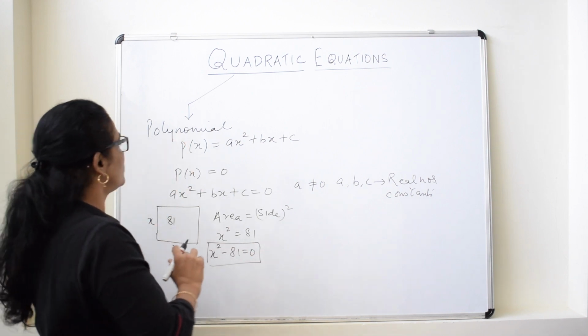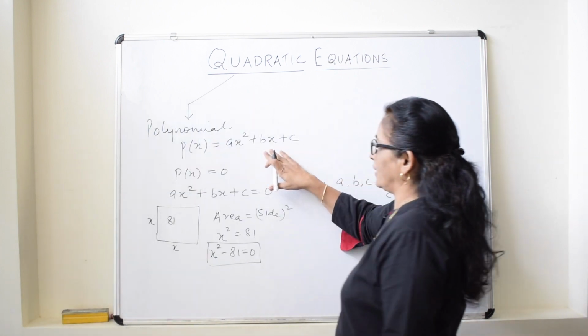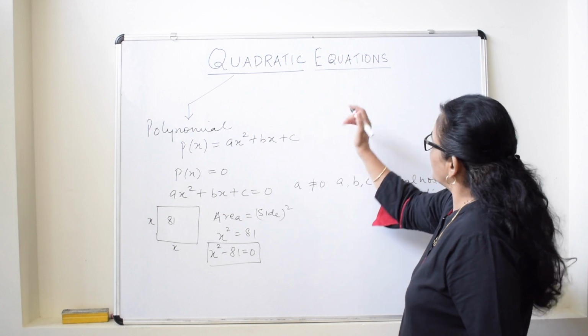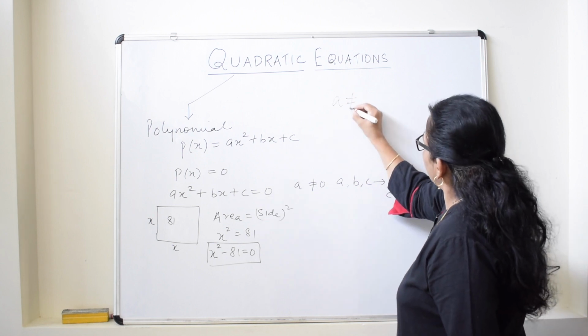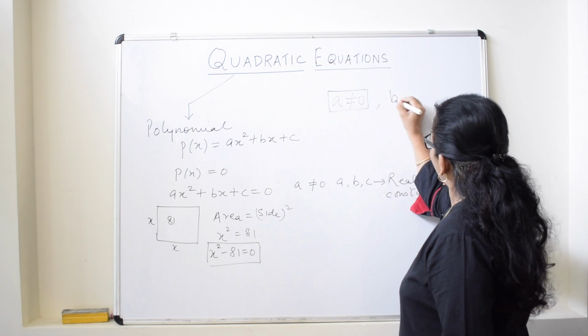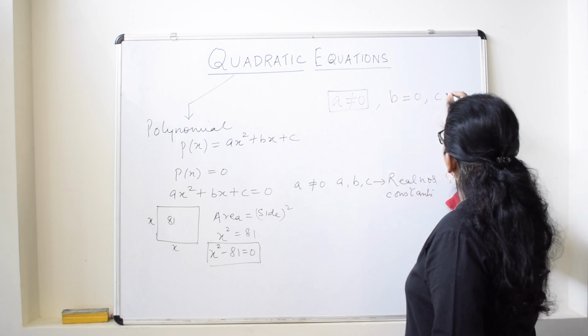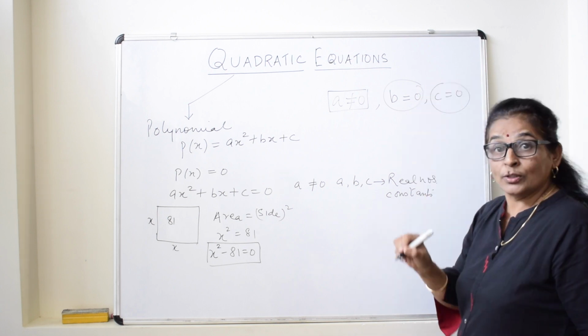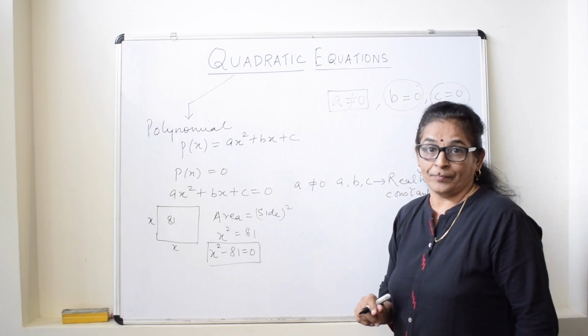So if we go back to the standard form of this quadratic polynomial or quadratic equation, we may notice that a is not equal to 0 is the must condition, but what about b and c? b can be 0 and c can also be 0.